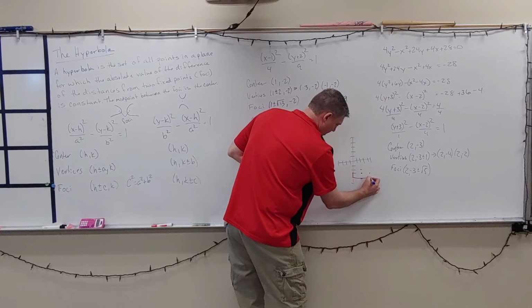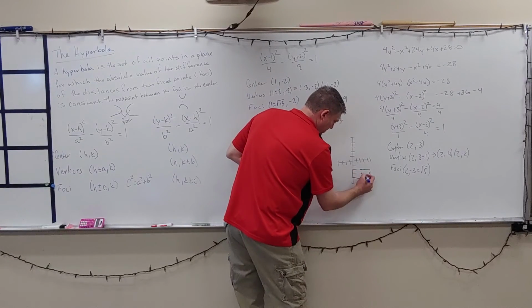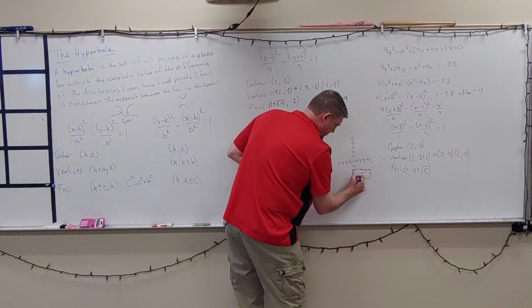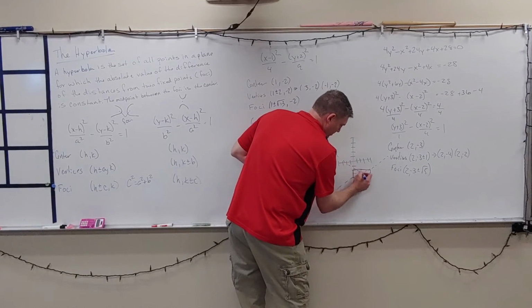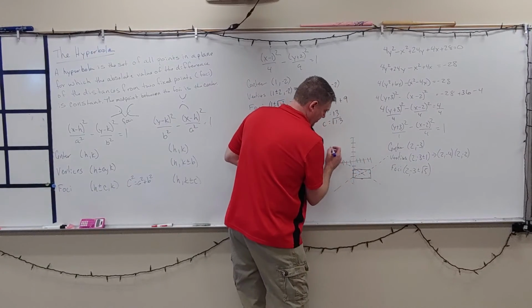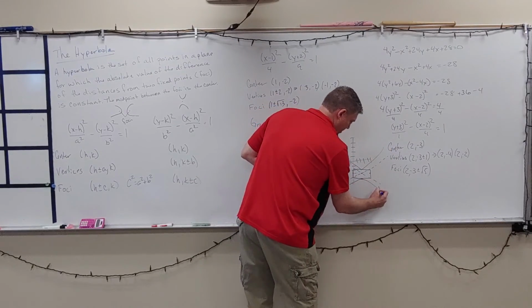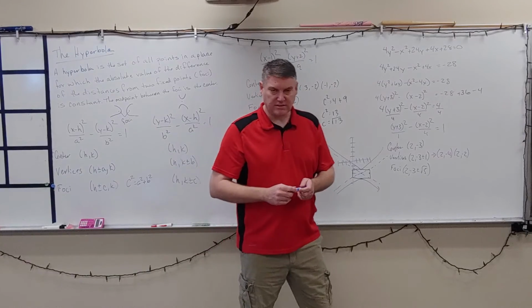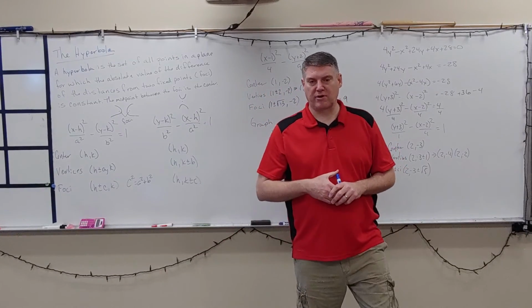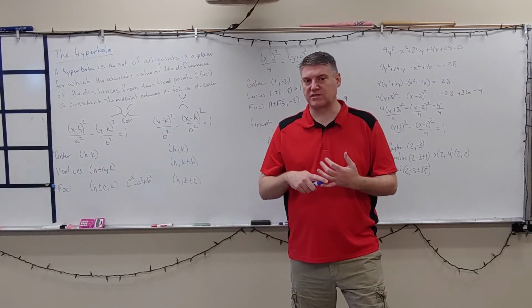So now I'm going to create my box. There's my box. I'm going to draw in my diagonals with dashed lines, and I'm opening up or down. So there is my hyperbola. So that's kind of a refresher on hyperbolas and how to find the centers, the vertices, and the foci.